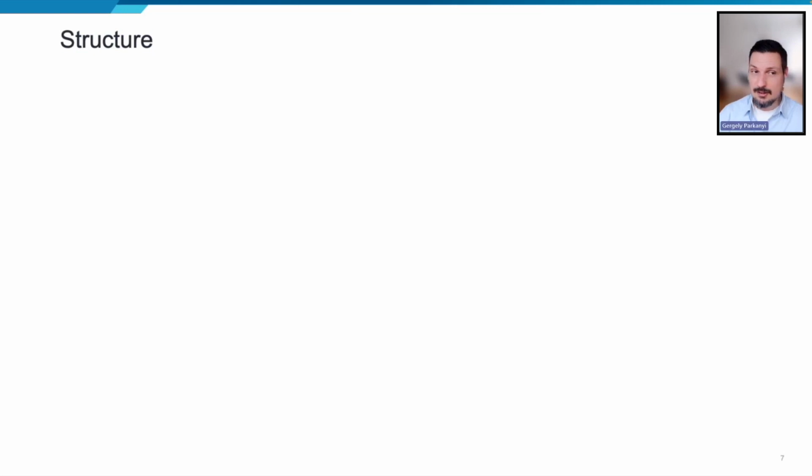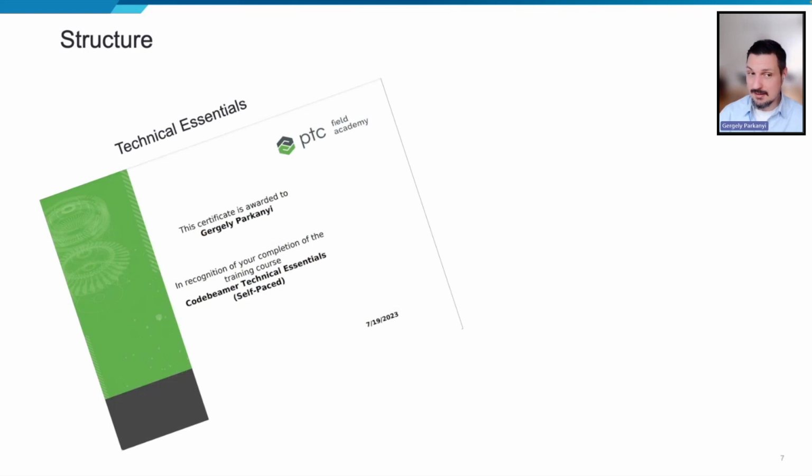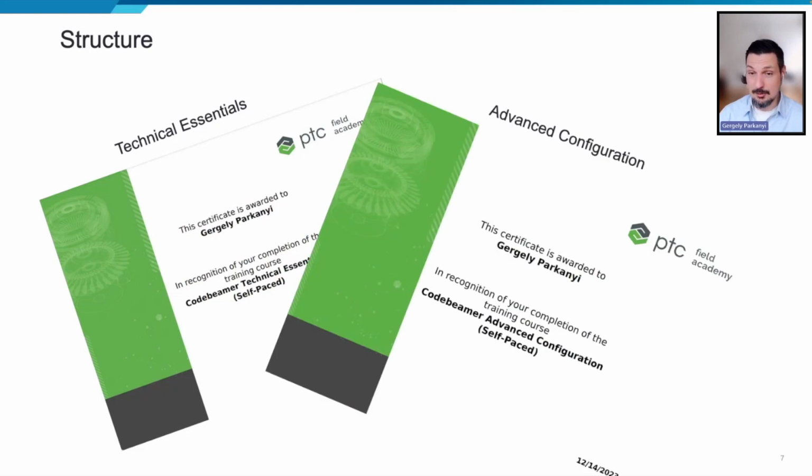So what is the structure of a successful training program? We can rely on PTC with this. We have completed the technical essentials and the advanced configuration training programs delivered by PTC, available to partners. And we have several certified consultants within the company right now.